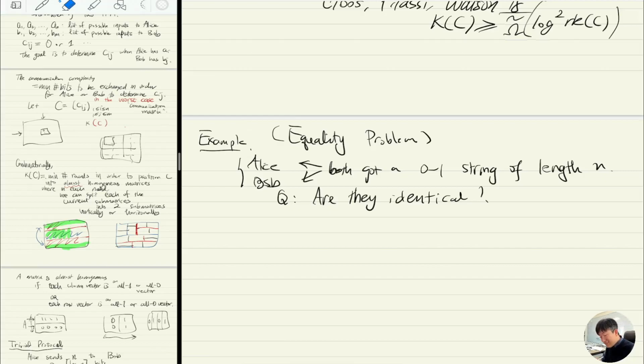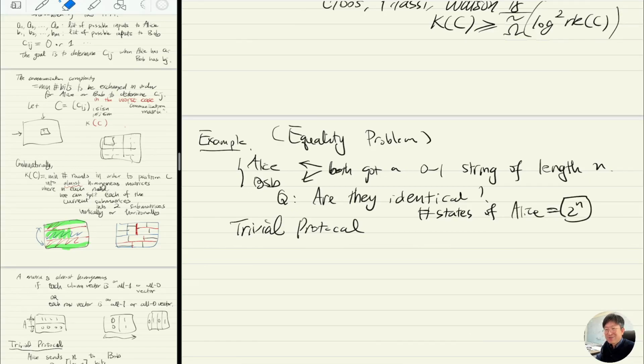Alice has a length n string 0, 0, 1, 1, 1, 1, and Bob also has a length n string 0, 0, 1, 1, 1, 1. The question is, do we have the same copy? And the trivial protocol: unfortunately I'm using the same n.